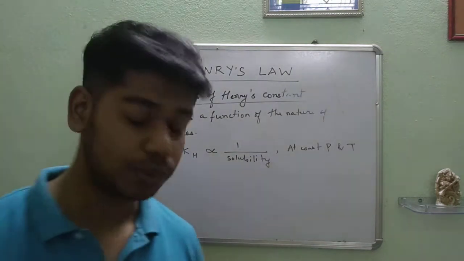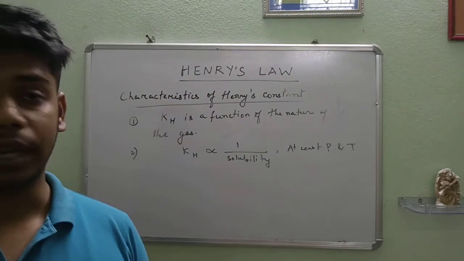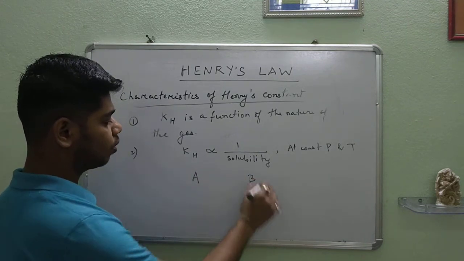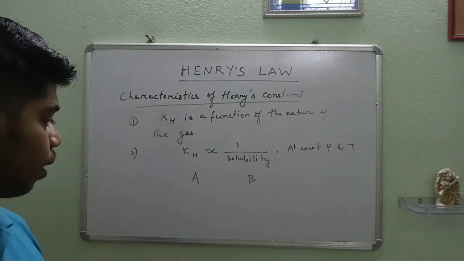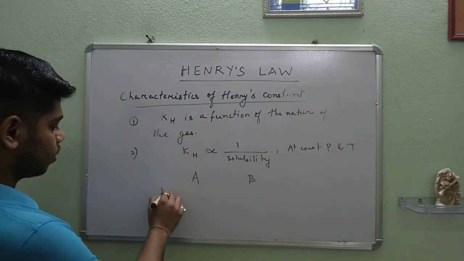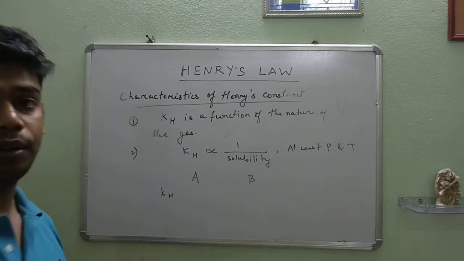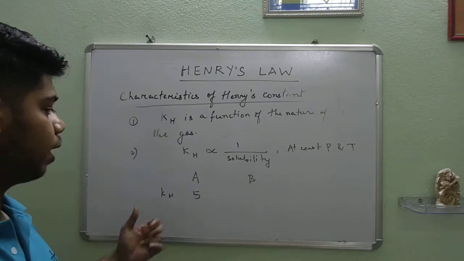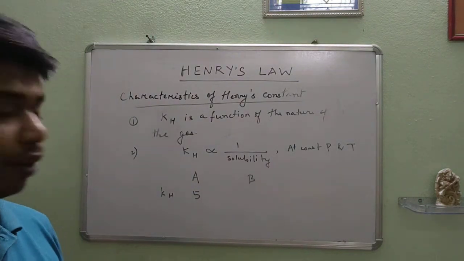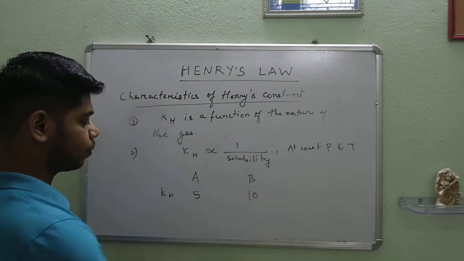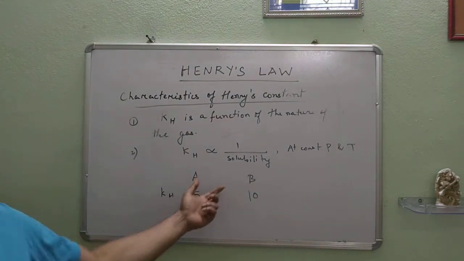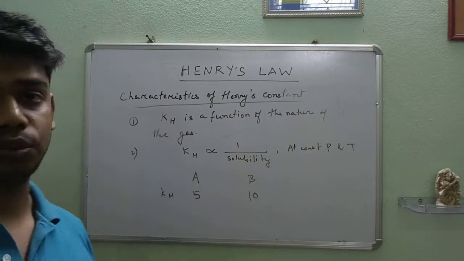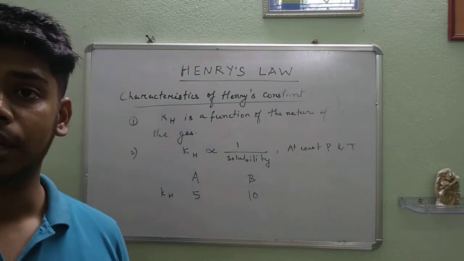Suppose we consider an example, say we have two gases, gas A and gas B. Gas A has a value of Henry's constant, say 5, and gas B has a value of Henry's constant, say 10. So clearly gas B has the higher value of Henry's constant, right? So out of these two, which will be more soluble?